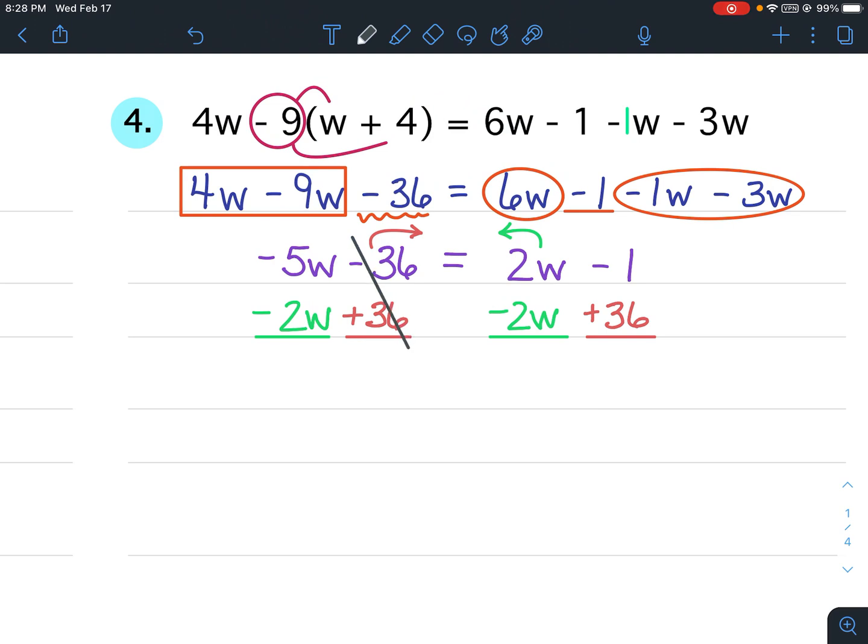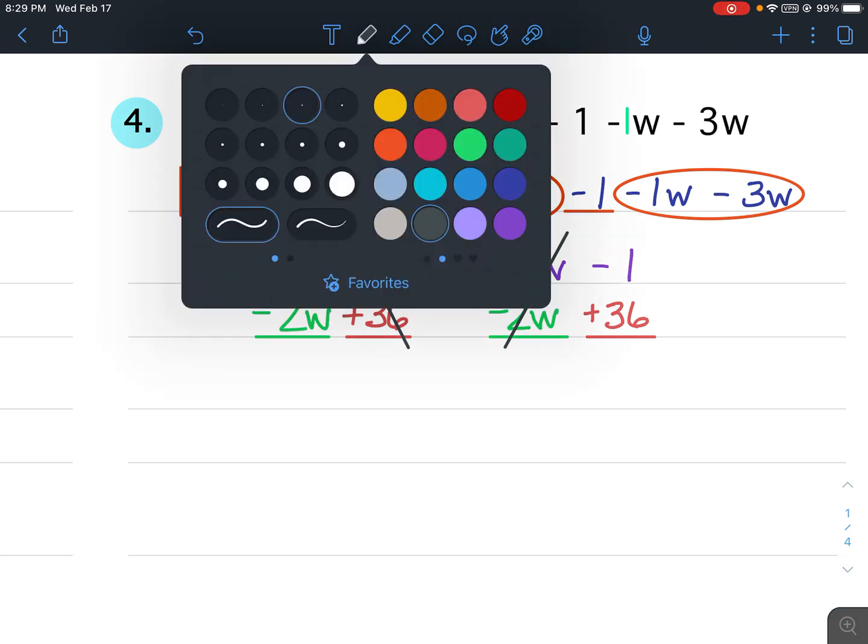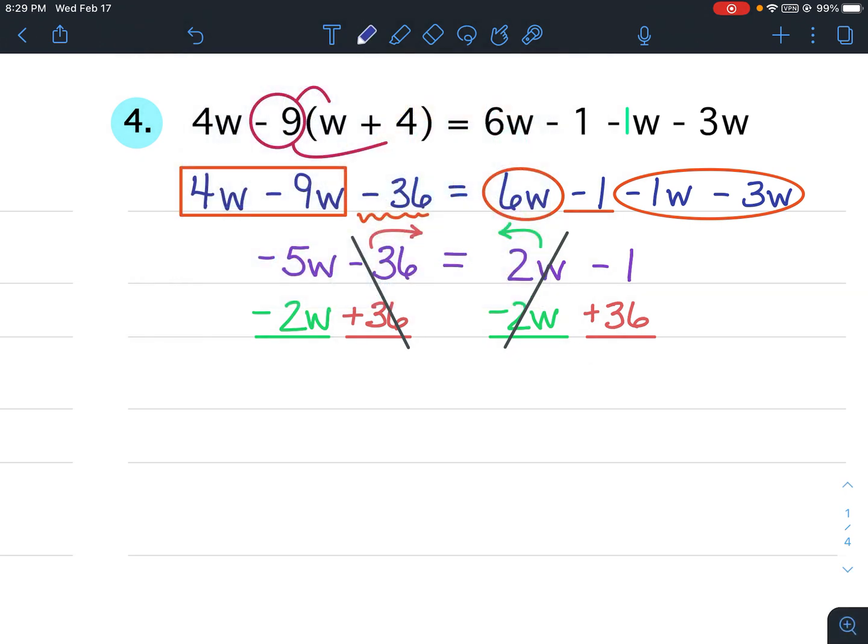I can cancel out the constant terms on the left, the variable terms on the right. -5w minus 2w would be -7w. -1 plus 36, which is the same as 36 minus 1, would be 35.